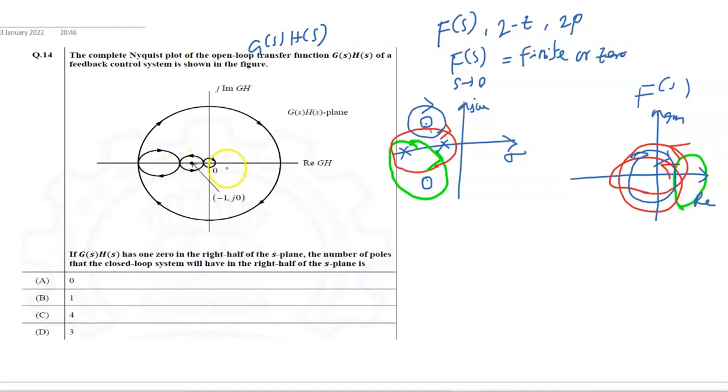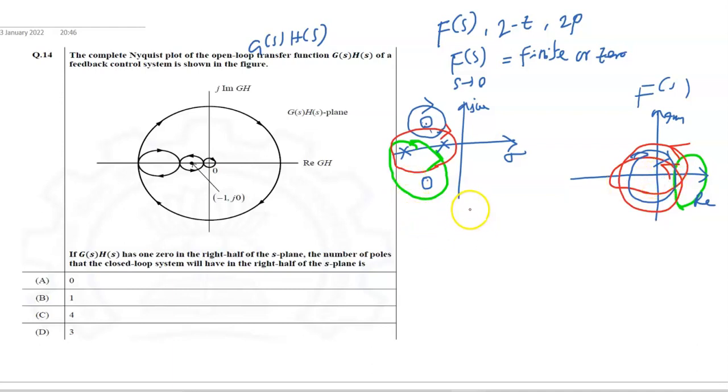You can see that when you include poles in one orientation, you encircle the origin of the F(s) plane in the opposite orientation. But when you include zeros, the orientation of encircling the origin in the F(s) plane remains the same.